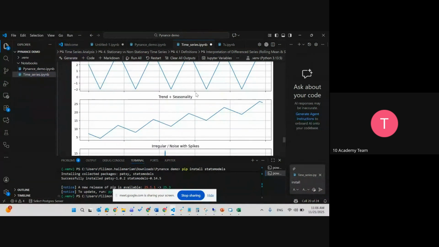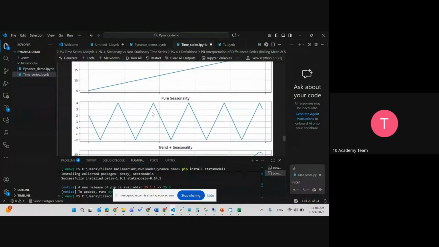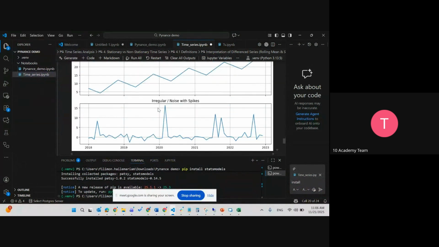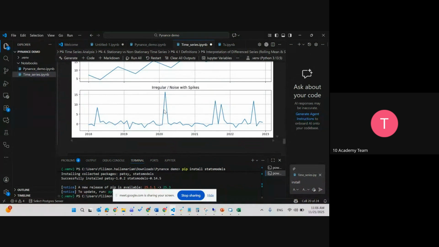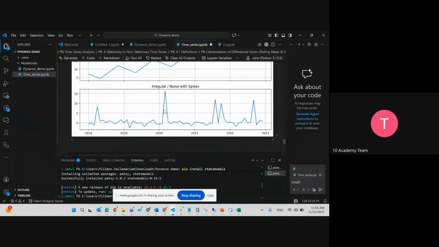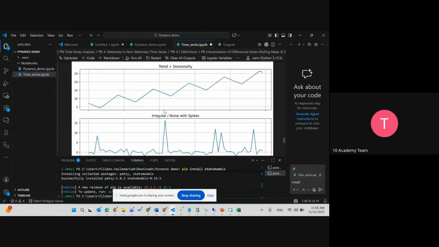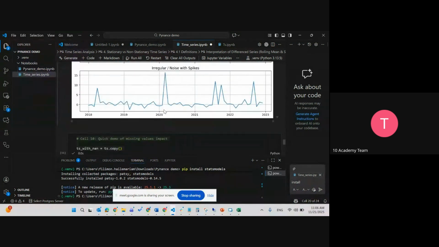So this is just the perfect example for the time series. Irregular noise or spikes, if we separate them, this is how they look like.